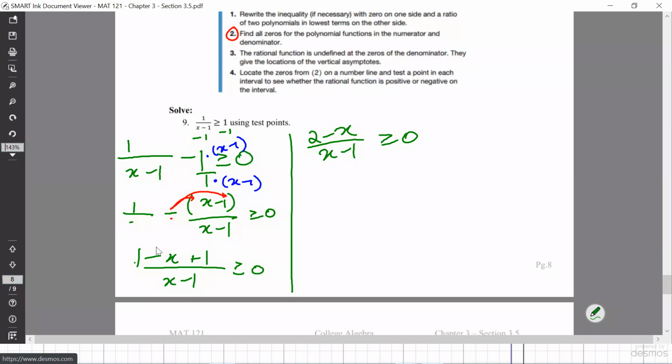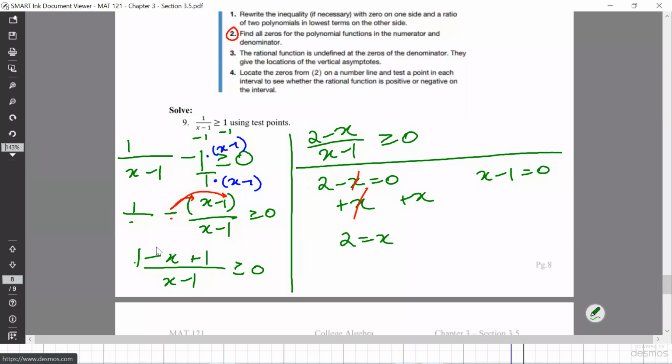This is where, again, you take your numerator and set it equal to 0, then take your denominator and set it equal to 0. So what do you get for 2 minus x equal to 0? Just add the x to both sides to keep it positive.